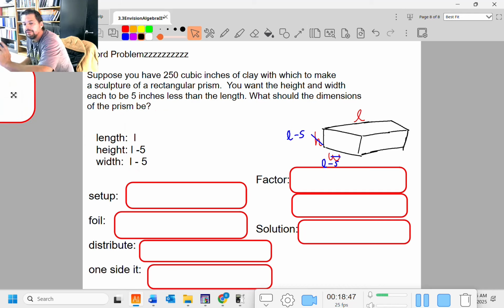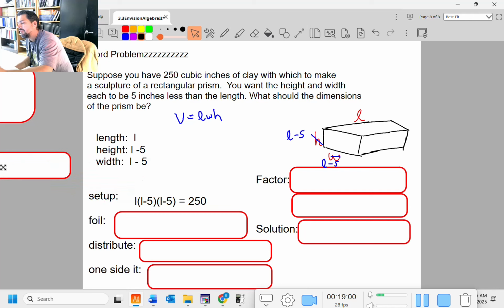The setup here is that volume is length, width, height. Length times width times height, and it has to equal 250 cubic inches.